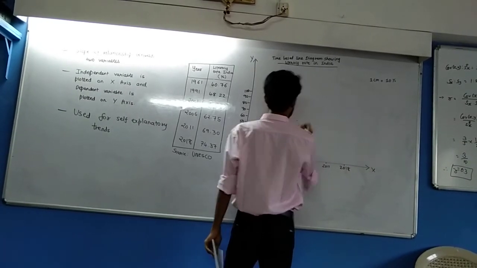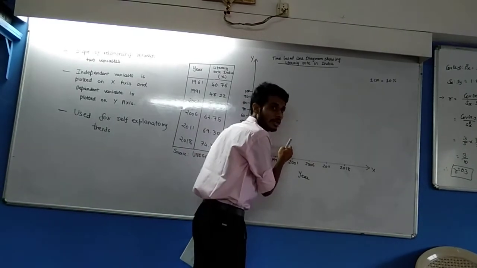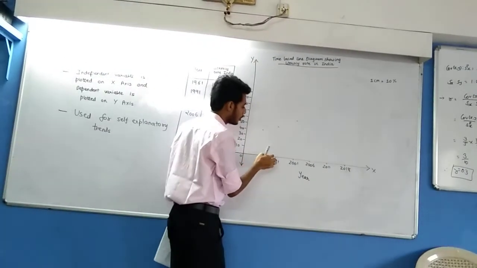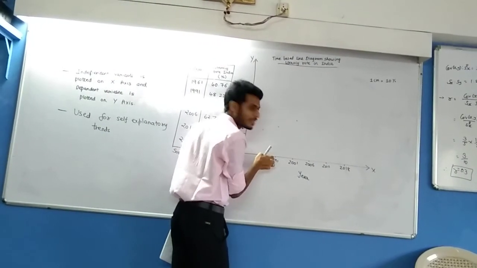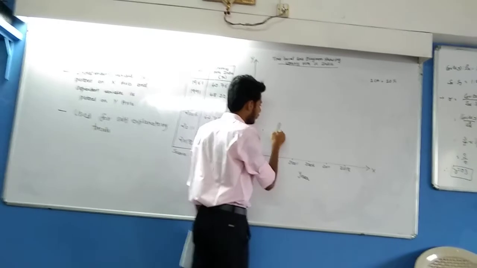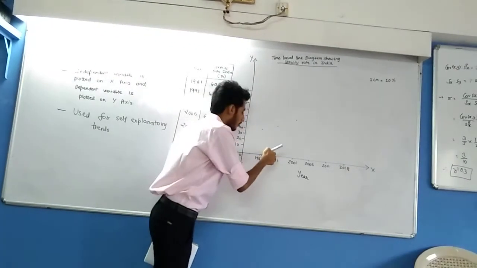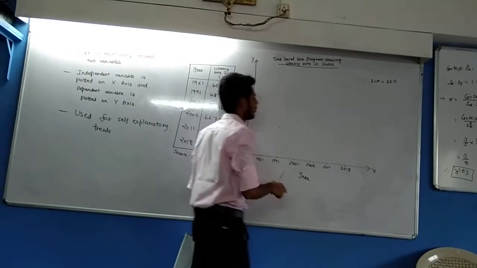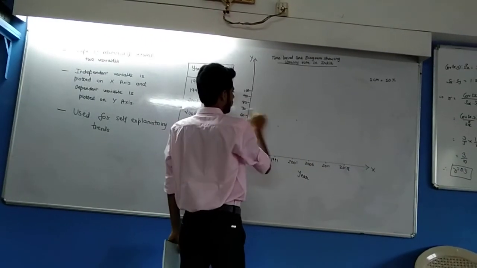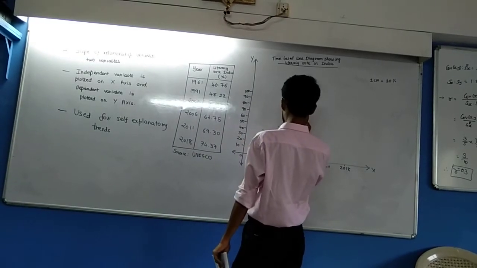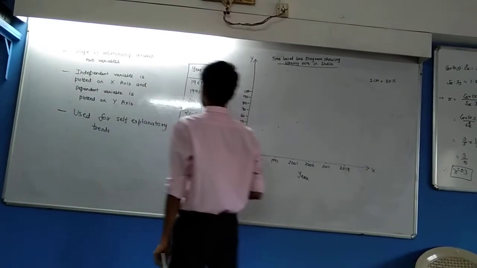You have to make use of a scale in order to plot these points. So it should be exactly in the center, right? I am drawing it without a scale, but you all should take a scale and put the points perfectly well. Okay, so there is 61.01.